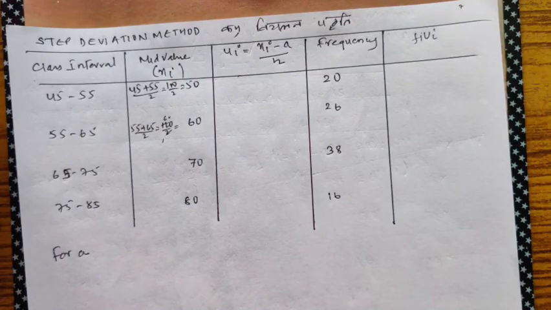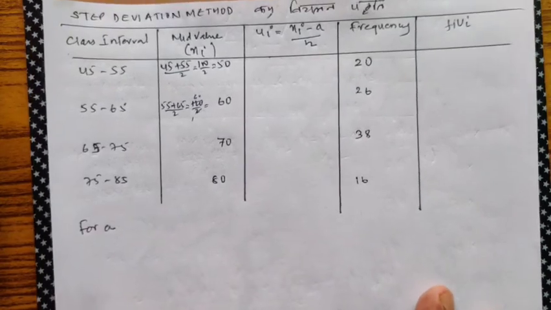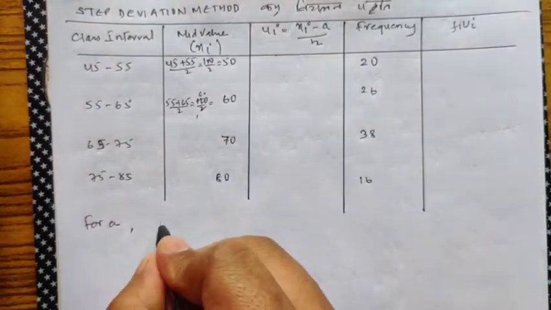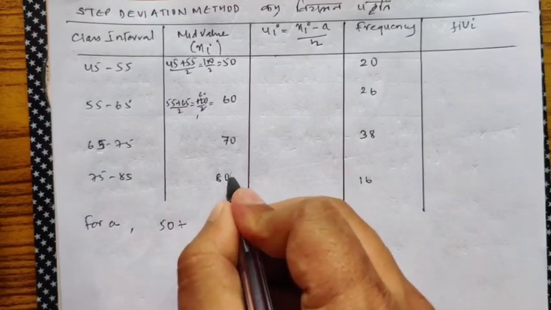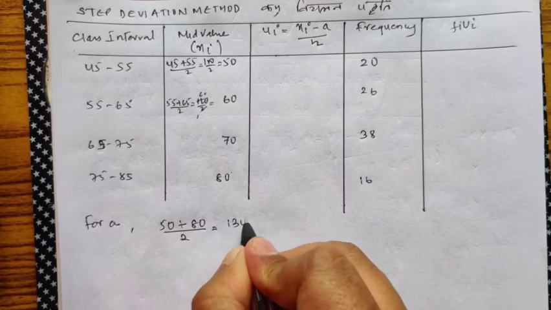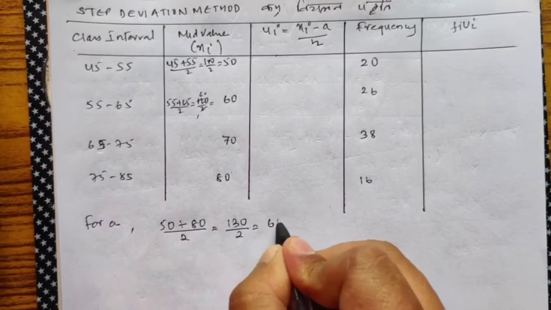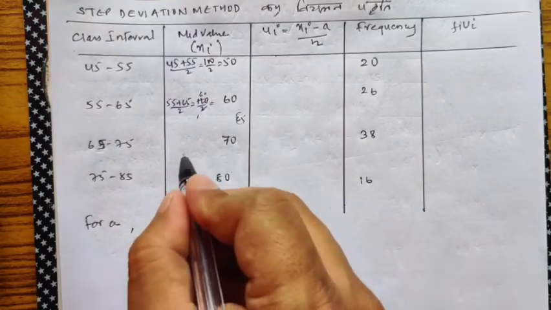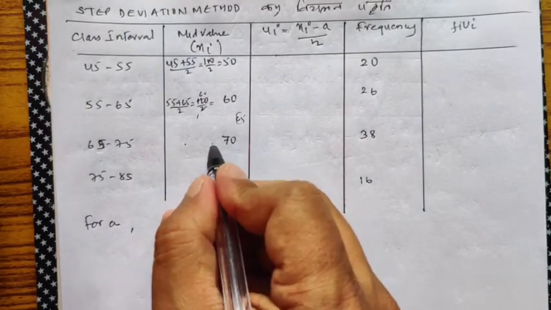Okay, let's try to find a. Firstly, for a, what do we do? Lowest plus highest by 2, 130 by 2, 65. Where will 65 fall? Here. By the way, do this one yourself and get these values.